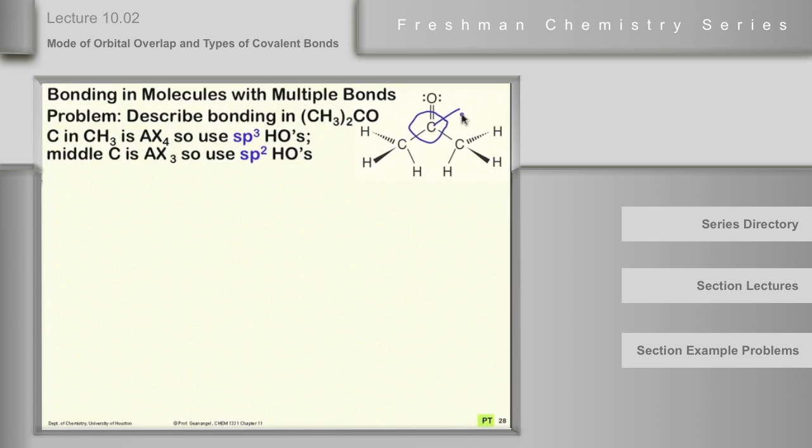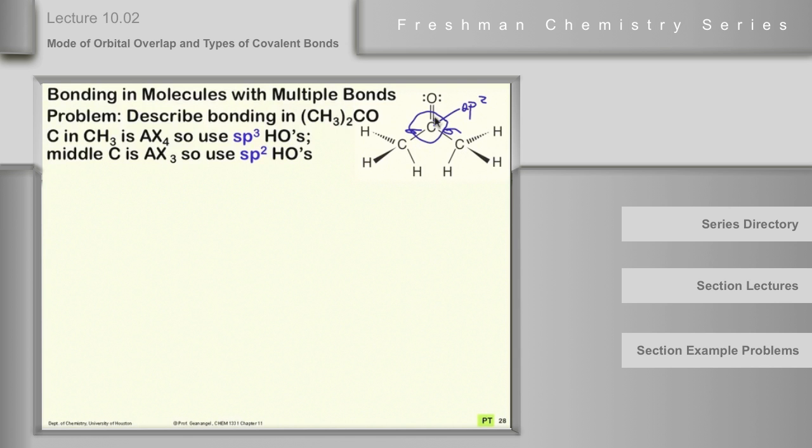So that carbon needs to be not sp3, but sp2. And it can use its 3 sp2 hybrid orbitals to form these 3 bonds. This sigma bond between the center carbon and this CH3, and this one between the center carbon and this CH3.